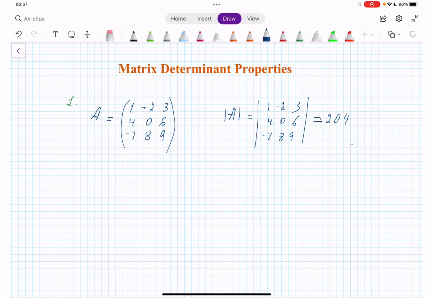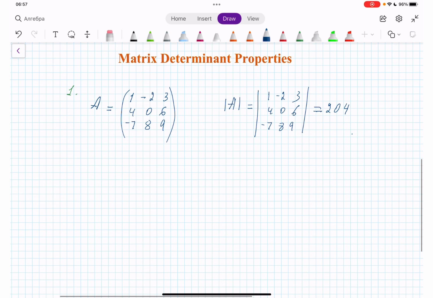So let's transpose this matrix. Transpose means the column I am making a row.